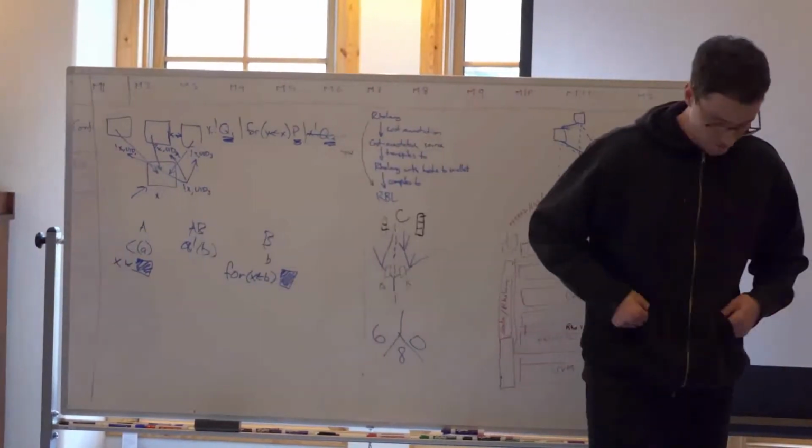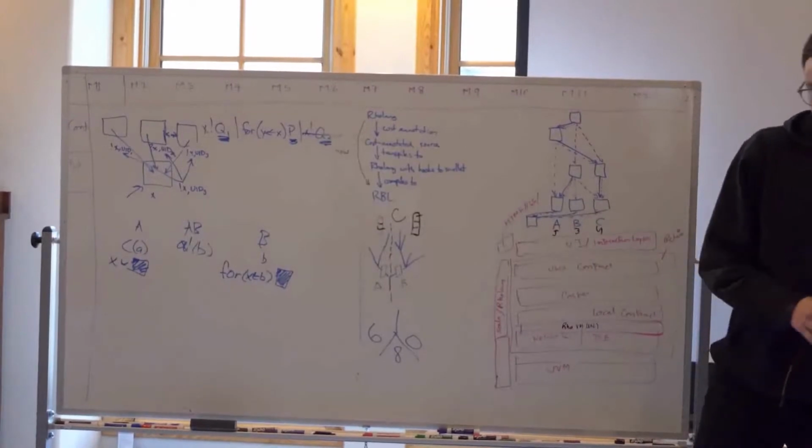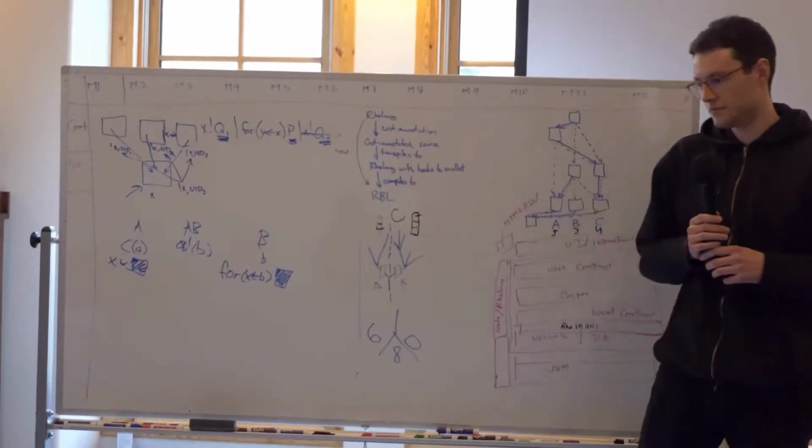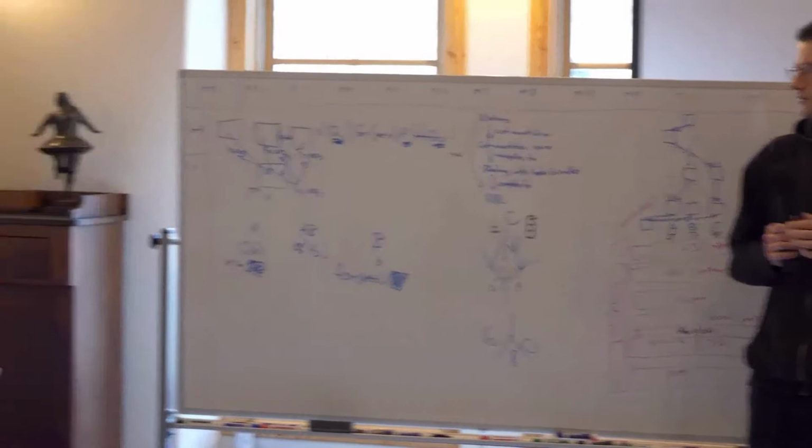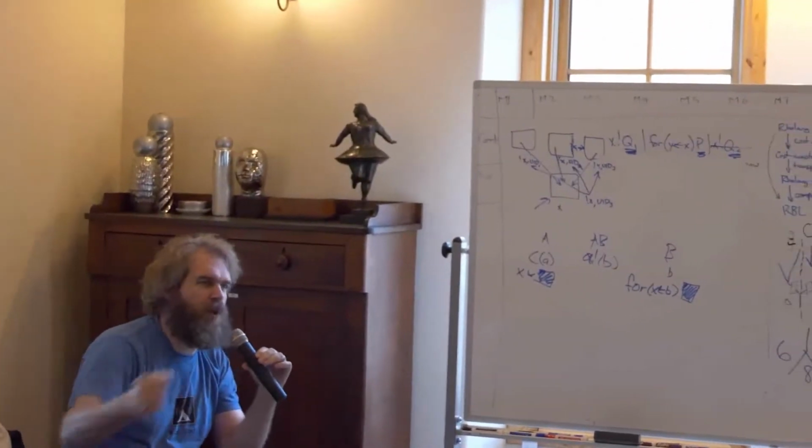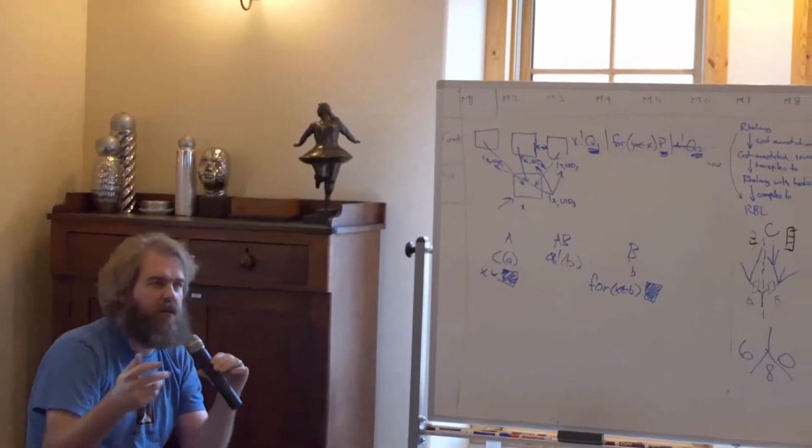There are about 30 opcodes. What they do is load things into memory. But one of the opcodes, for example, loads plus into a register, and plus is a primitive.